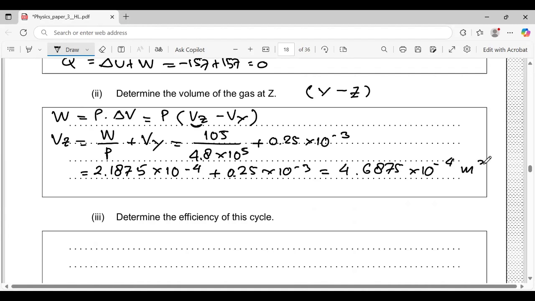M cubed, or 0.47 times 10 to the power minus 3 M cubed.